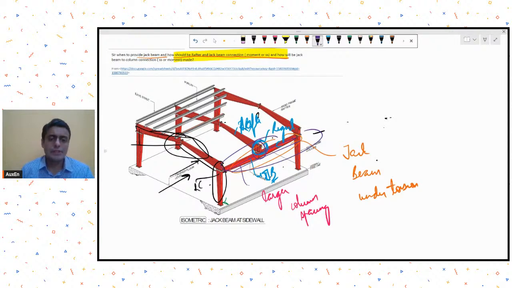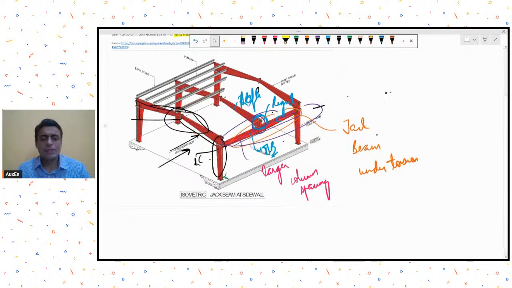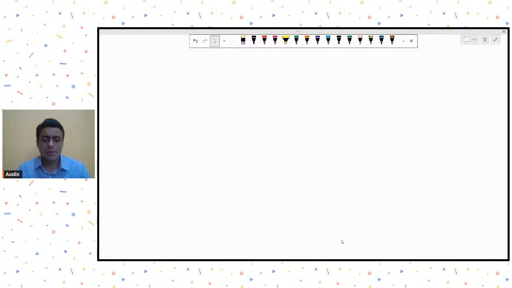So the decision again between the connection type between rafter and jack beam will depend on the structural designer. Whatever decision you take, accordingly you will have to ensure that other things are done. Right, so this was his question.